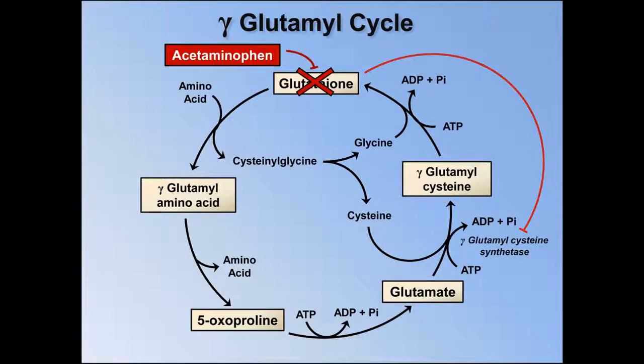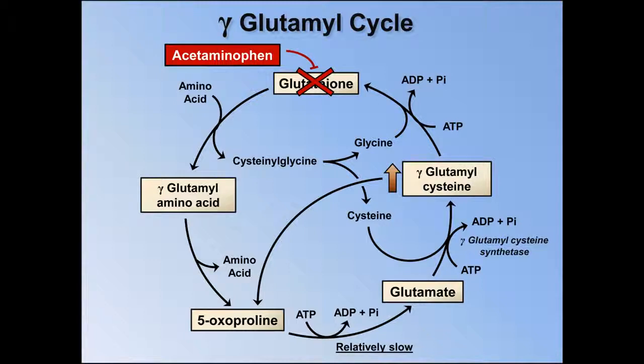This removes the negative inhibition, leading to excessive gamma-glutamyl cysteine, which exceeds the capacity of the body to convert it into glutathione, so instead it gets shunted through another pathway that is normally used only minimally that converts it back to 5-oxoproline. Since conversion of 5-oxoproline to glutamate is relatively slow, 5-oxoproline begins to accumulate. At least, this is the current theory as to how this happens.